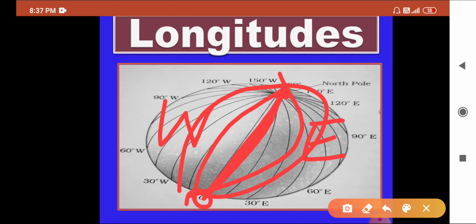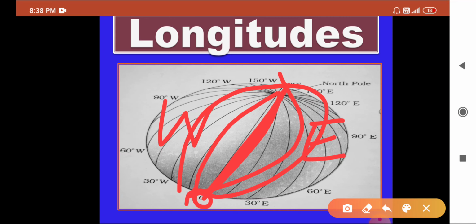These lines are running in the north to south directions, and the total number of longitudes are 360. Okay, the 0-degree longitude is the prime meridian.